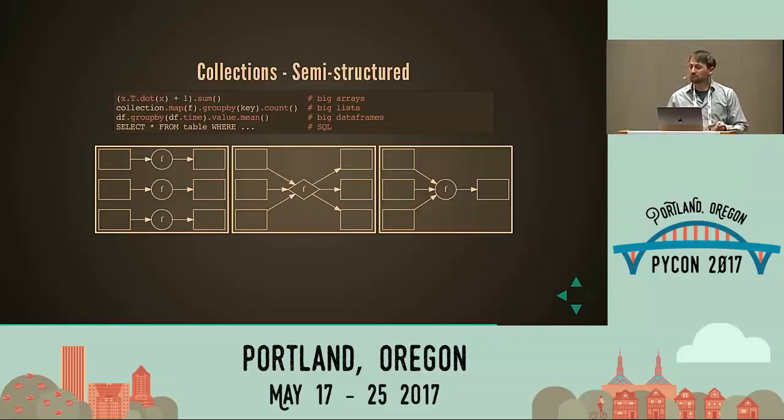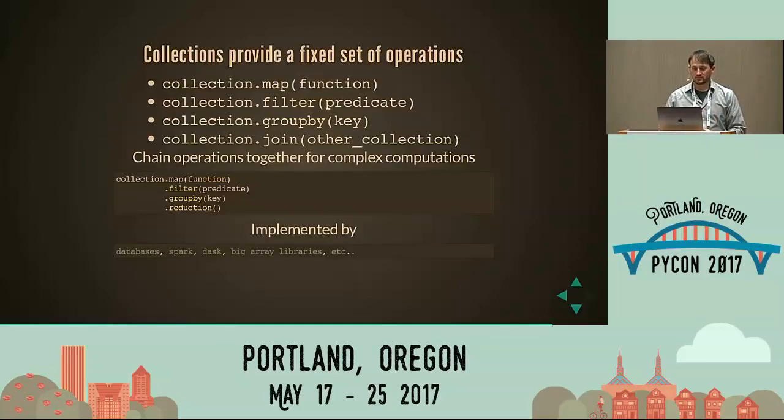So this can include things like queries from databases or arrays or distributed collections of various sorts. And collections often provide an abstraction that says this is an object that represents a collection of data, but maybe it hasn't been loaded yet. Maybe it will never be loaded.